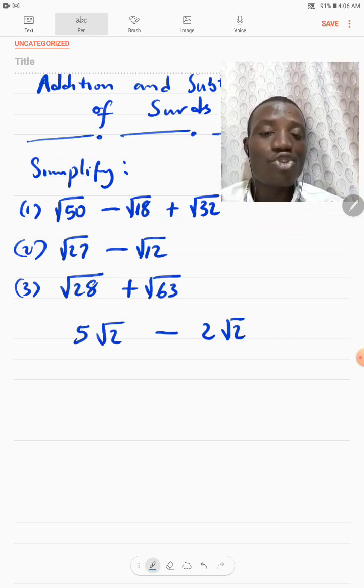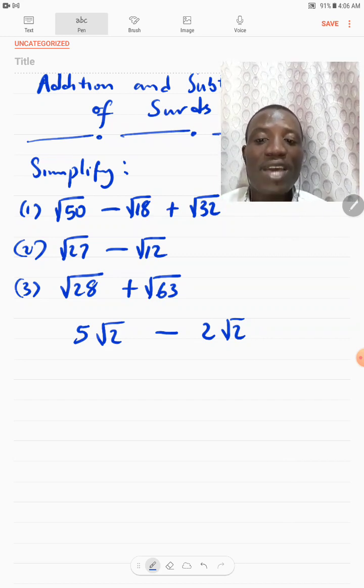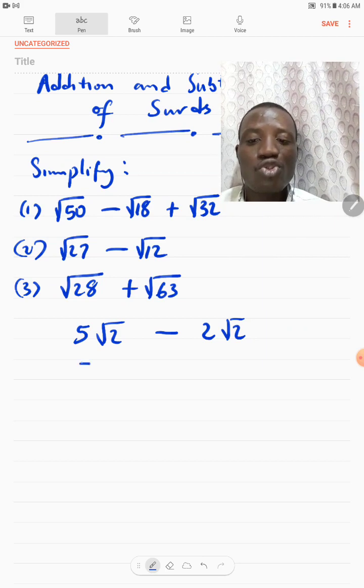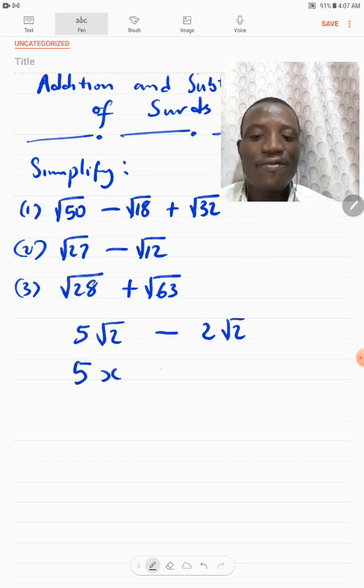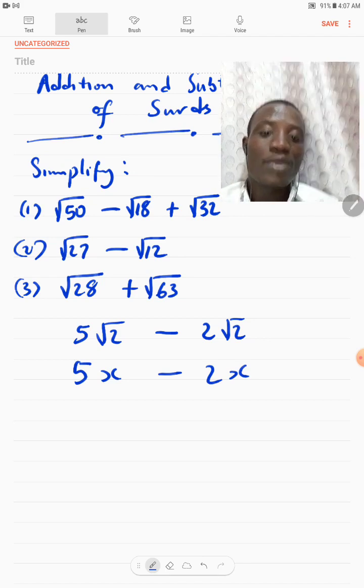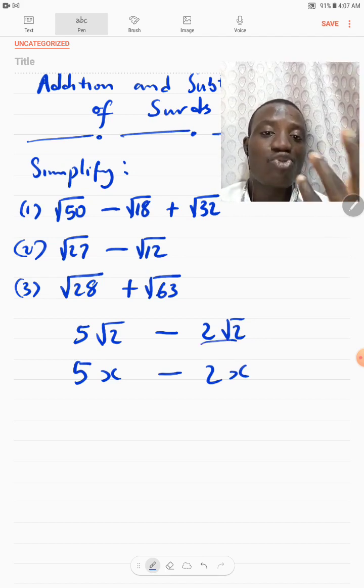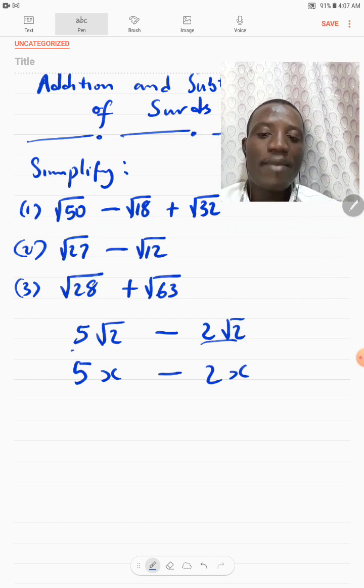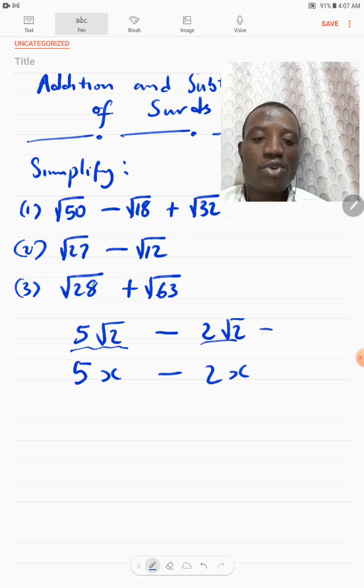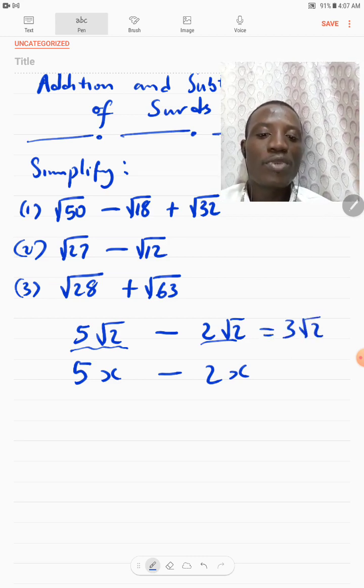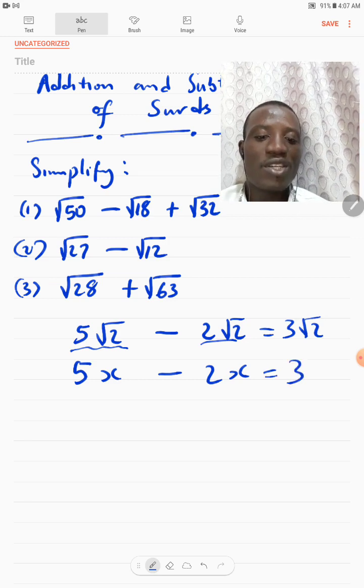That is, you should take them as your variable or the unknown. So this 5 root 2 minus 2 root 2 should be seen like writing 5x minus 2x. How many root 2 are here? We have 2 root 2. How many root 2 are here? We have 5 root 2. So if we take away 2 root 2 out of 5 root 2, the answer will give me 3 root 2, just as this will give me 3x.